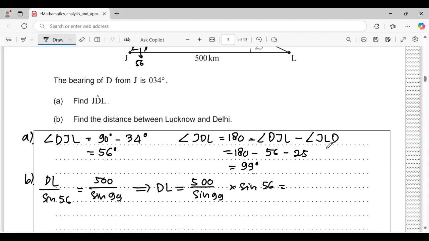If we calculate, the result is 419.685, which rounds off to 420 kilometers.